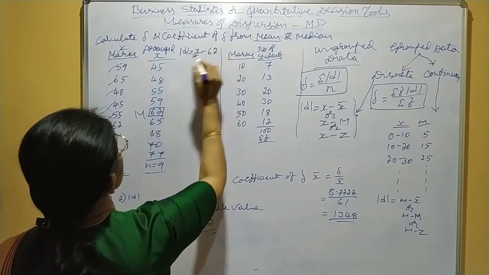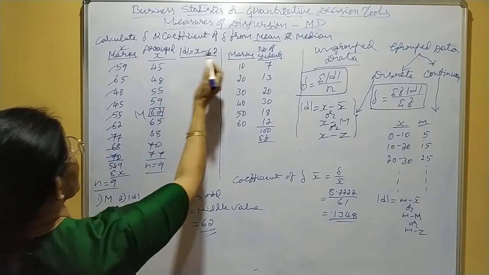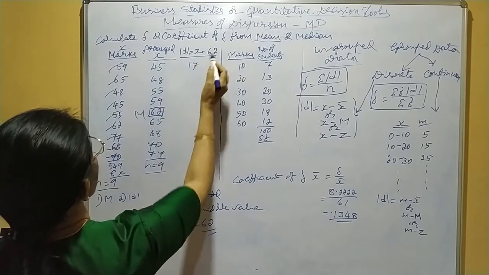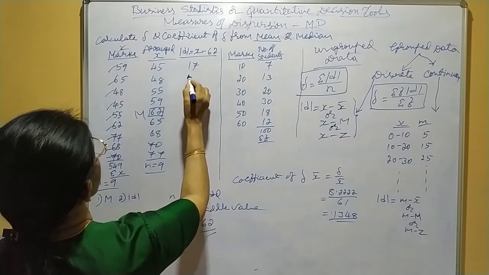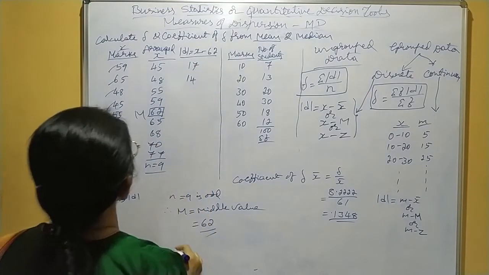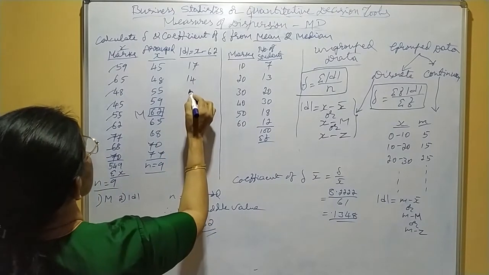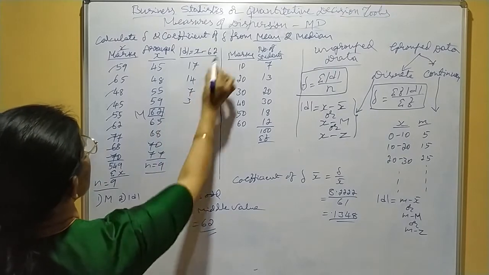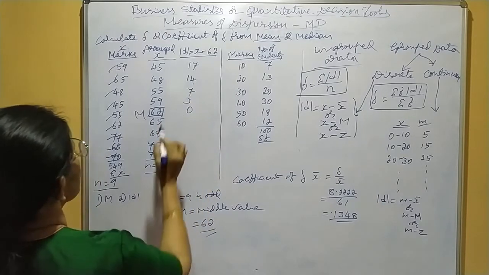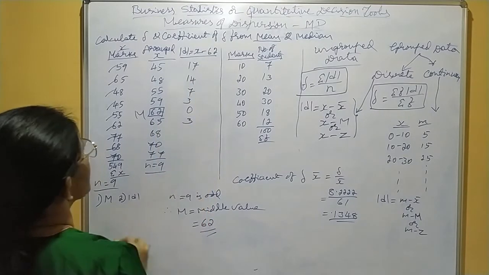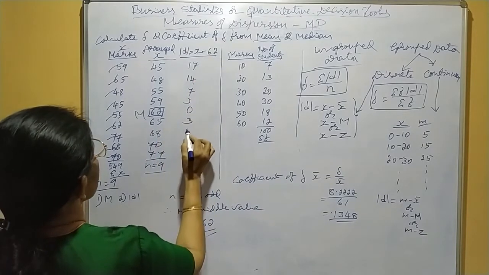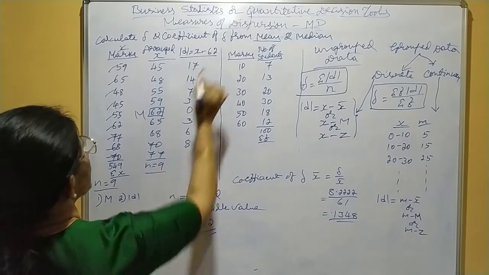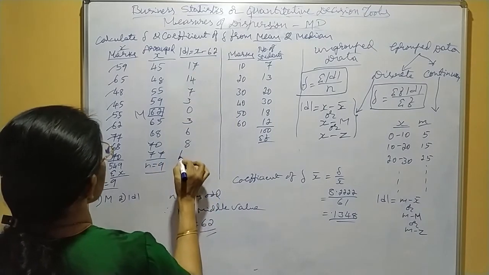M is 62. 45 minus 62, 17, 48 minus 62, 14, 55 minus 62, 7, 59 minus 62, 62 minus 62, 65 minus 62, 68 minus 62, 70 minus 62, 77 minus 62.